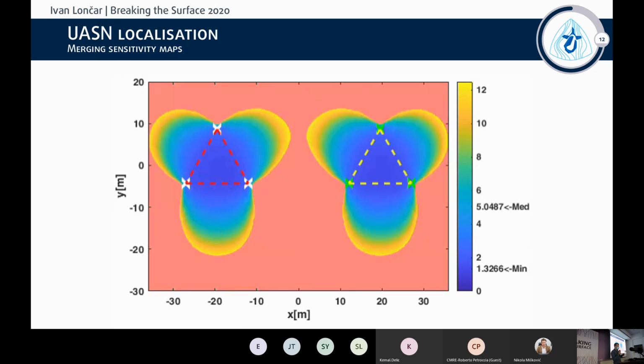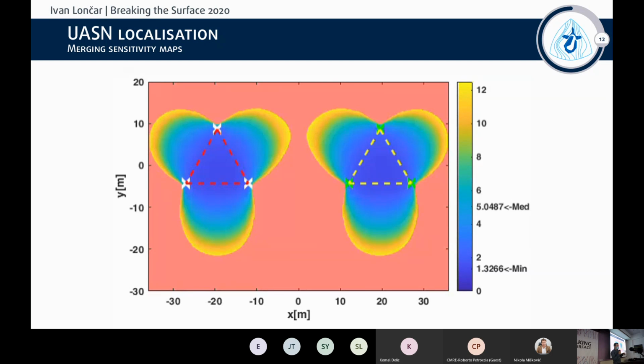If you have three time measurements and one depth measurement, you can use a projection technique that will limit it to basically a 2D case. And then from those three anchors, you can calculate the position.